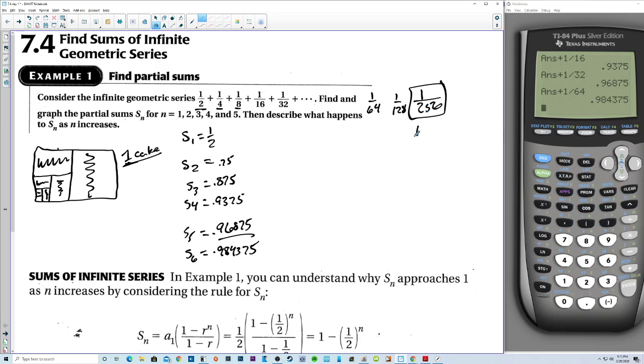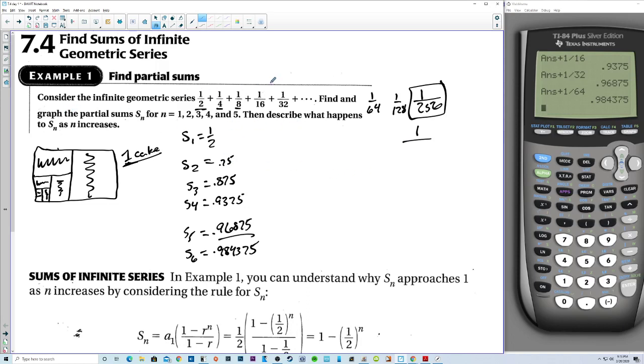Well, imagine 1/1,000,000,000 or 1/1,000,000,000,000. That's extremely small. So as the denominator of a fraction gets bigger and bigger, the value of the fraction is heading towards 0. Now, in order to have an infinite sum, the terms must go to 0. You must eventually add something so small, it might as well be 0.